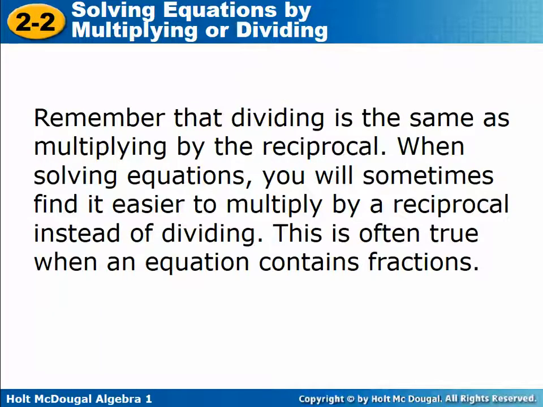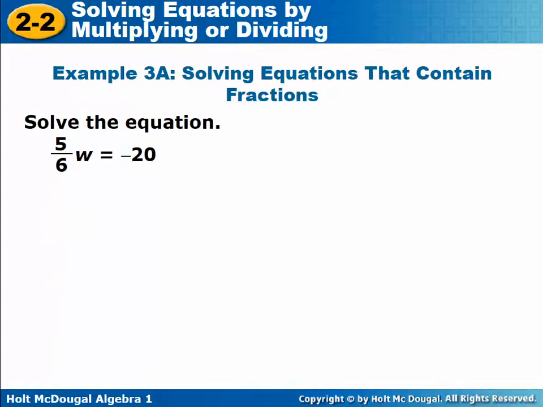All right, so there's one more type of problem I want to look at. It's when you have a fraction. Dividing is actually the same as multiplying by the reciprocal. So sometimes you're going to find it easier to multiply by a reciprocal rather than dividing, especially when we have fractions. For example, here the variable w is being multiplied by 5/6.